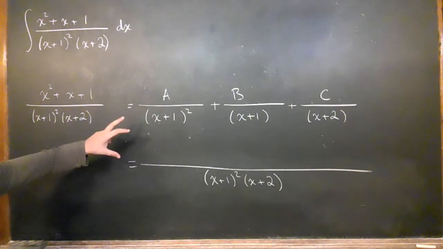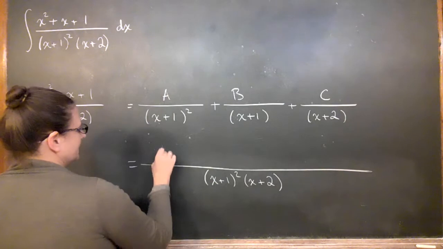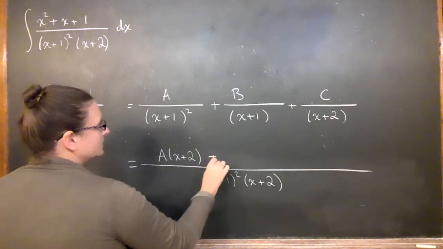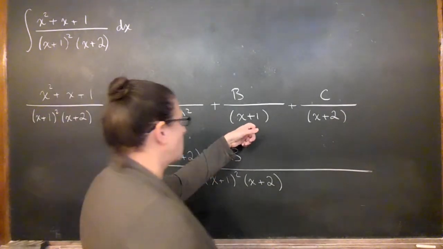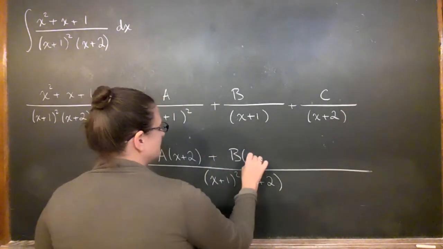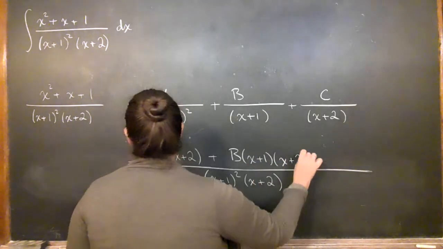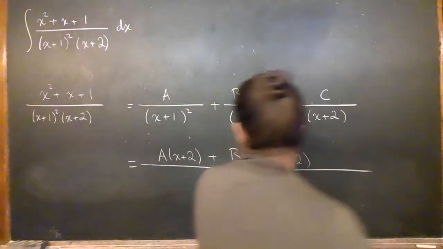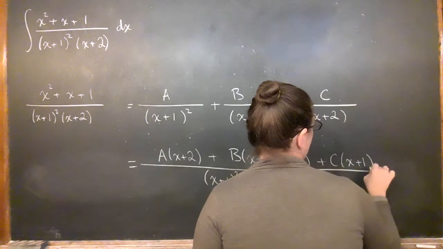What I get is A times x plus 2. Now notice B only has one x plus 1 in it, so I have to multiply by another x plus 1 and another x plus 2. And C has the x plus 2, so I got C times x plus 1 quantity squared.